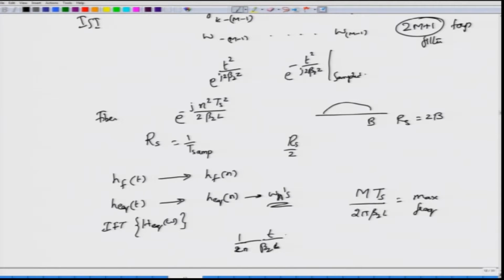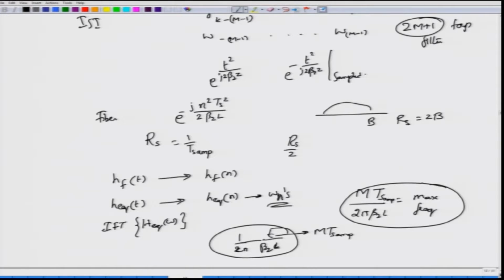So, this would be the max frequency, and when you let t is equal to m into t sample, this is the maximum time t that you are considering. So, this would be the maximum frequency that you are considering. Okay. So, Rs should be greater than or equal to 2 times this maximum frequency component, right.